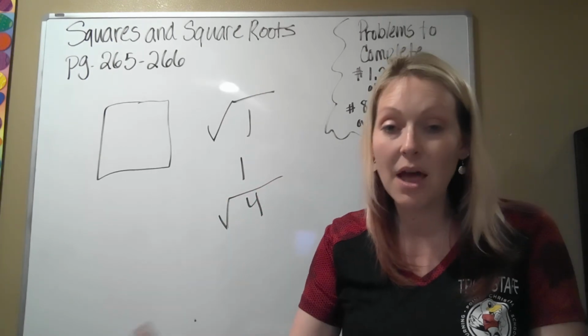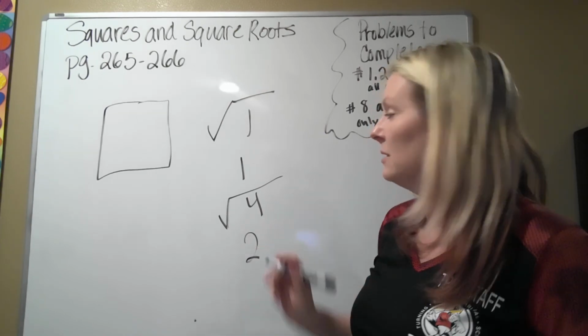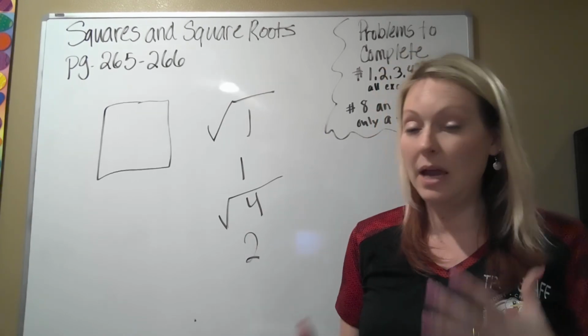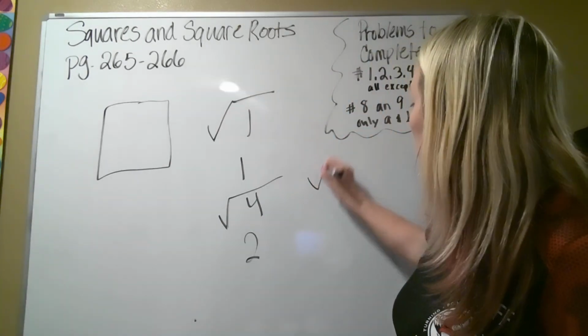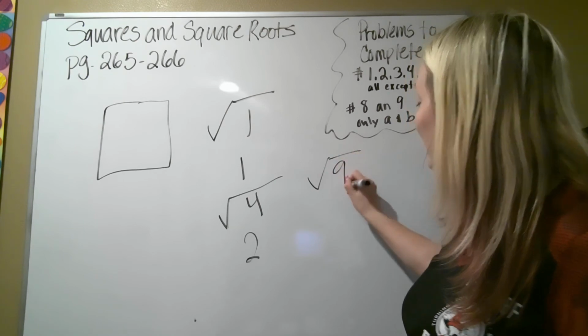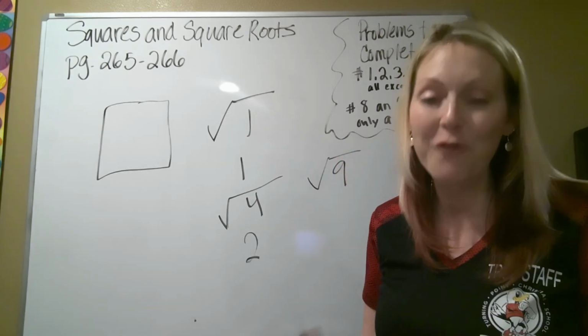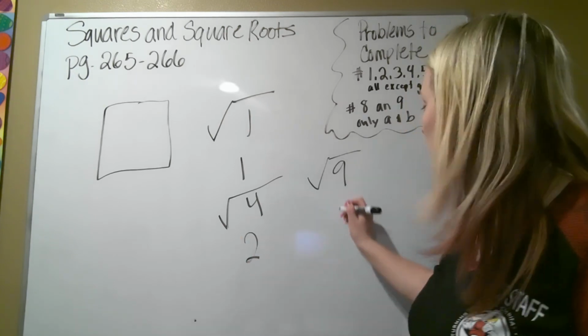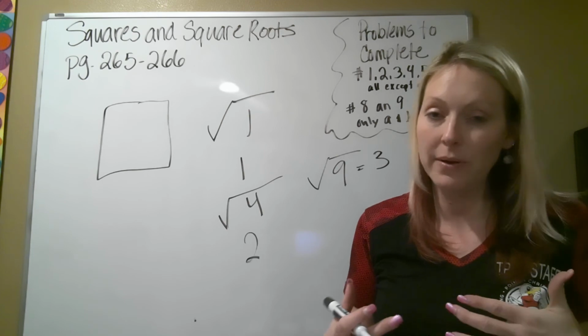What times itself equals 4? 2 times 2, right? So my answer would be 2. Do we see how we're going with this? Okay. What if I did the next one? The square root of 9. What times itself equals 9? 3 times 3. My answer would be 3. Do you see how this is all going?